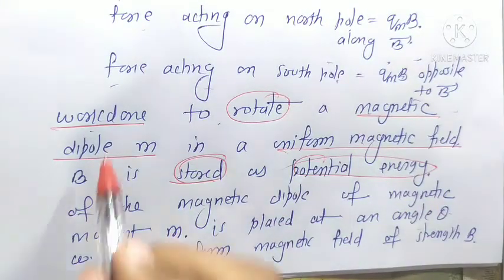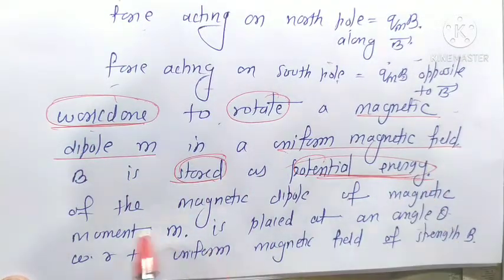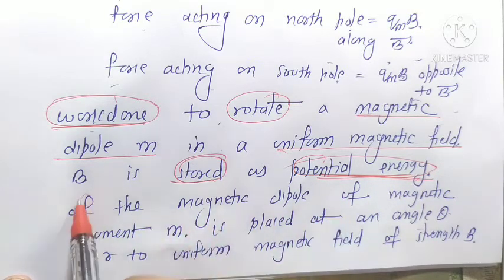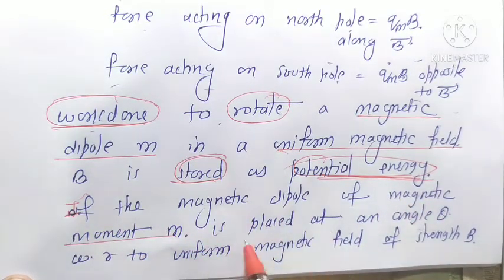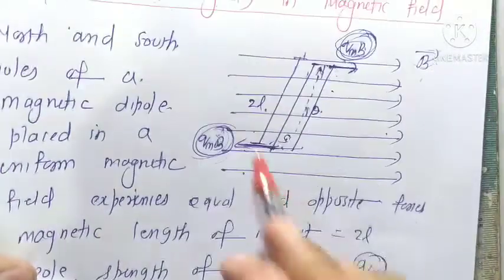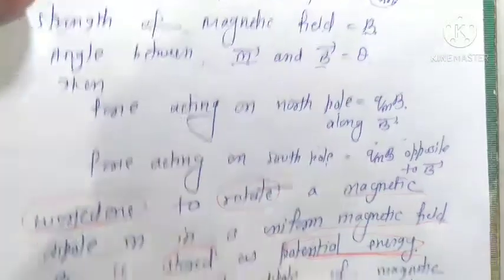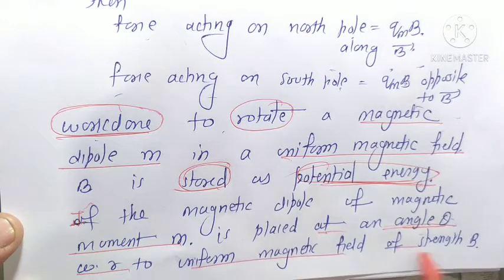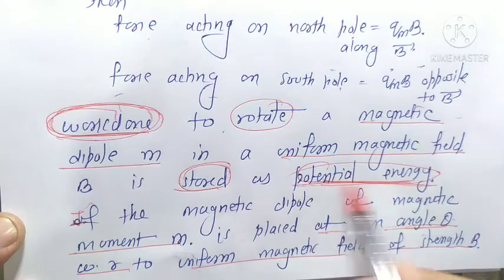So the work done is stored as the potential energy of the magnetic dipole of magnetic moment M placed at an angle theta with respect to the uniform magnetic field of strength B. Now we have to find the work done here, stored in the form of potential energy.